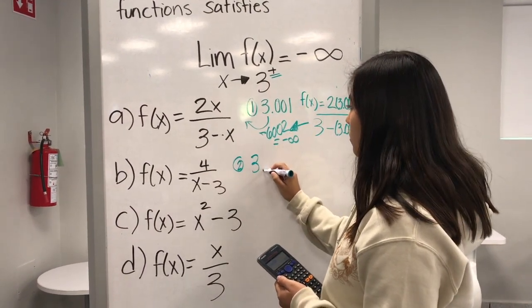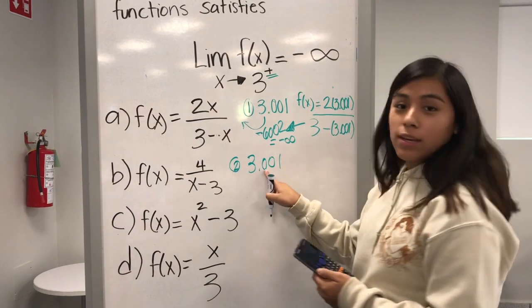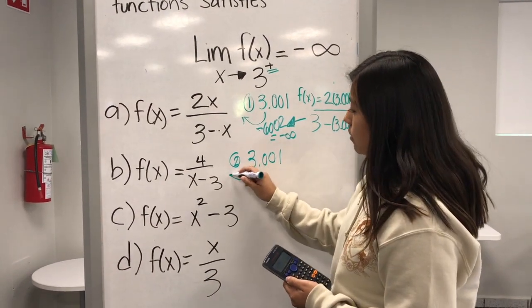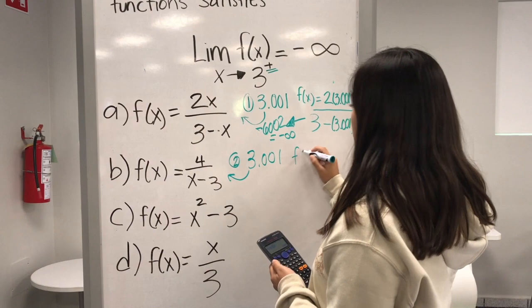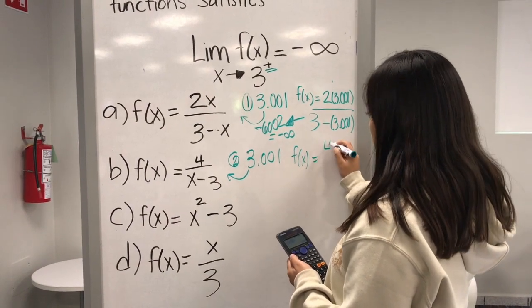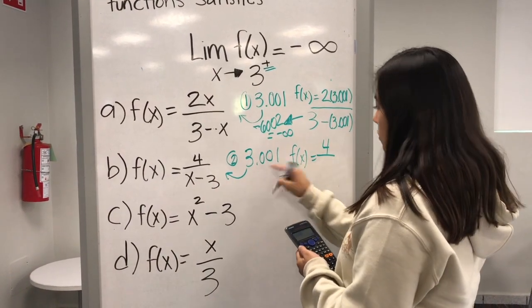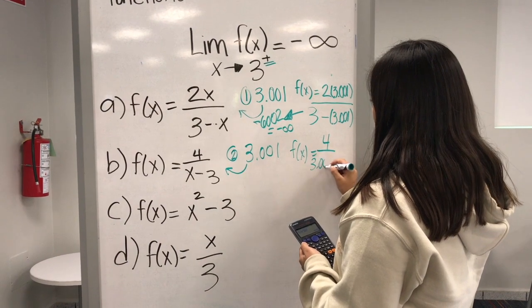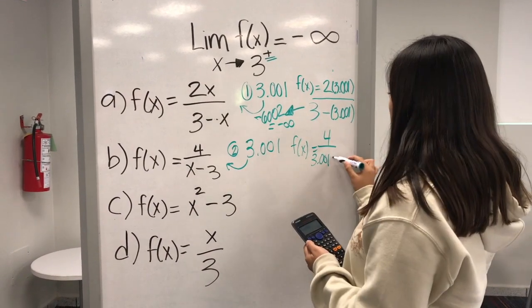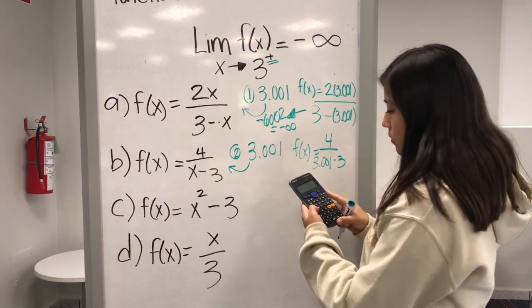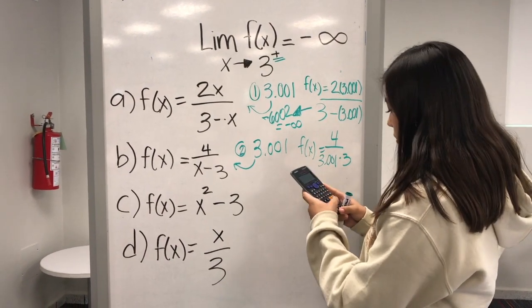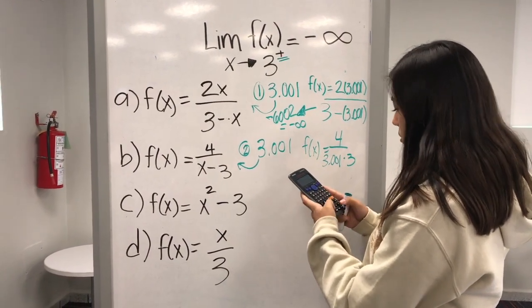We're going to substitute the 3.001 in the x's of each function, then plug it in the calculator and see the answers. Function B is f of x equals 4 over x minus 3. We plug in 3.001 in the x's because x is approaching 3 from the right.